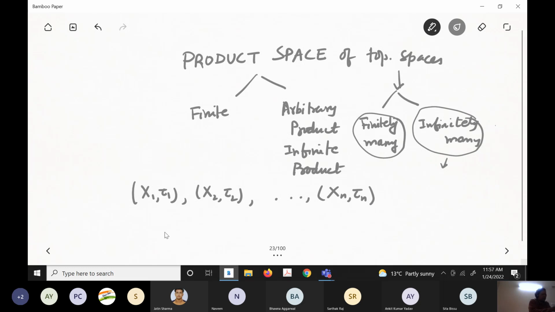What we do for n topological spaces is the same as for two topological spaces. Some books start with only the product of two spaces, but the idea is the same.